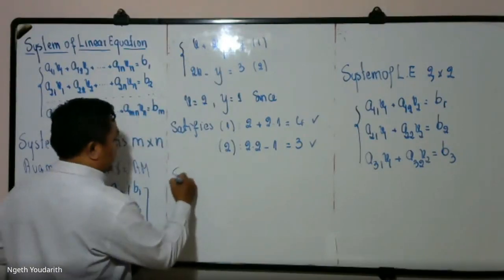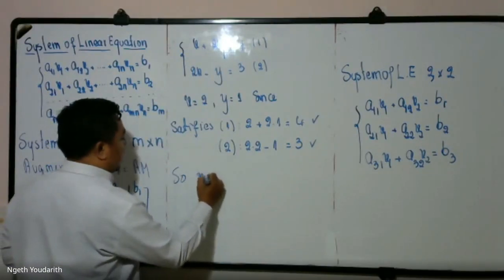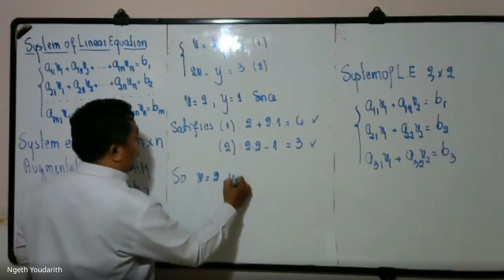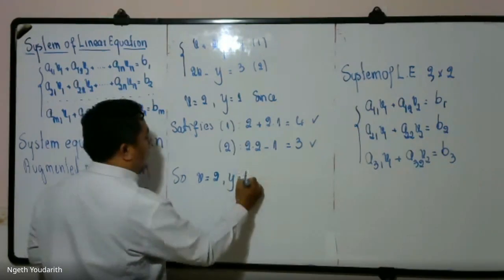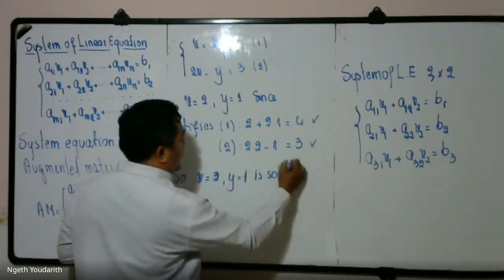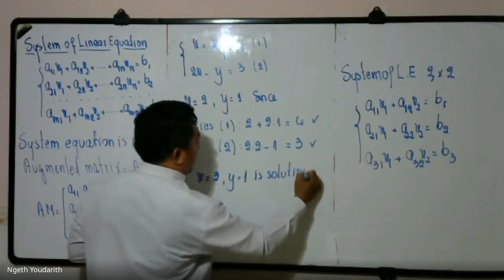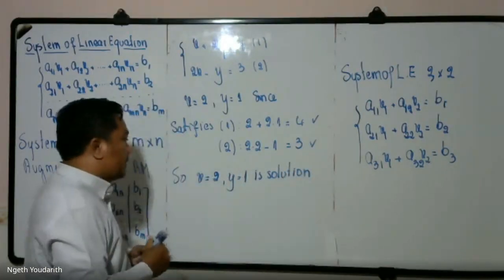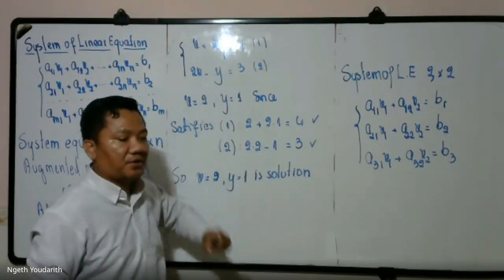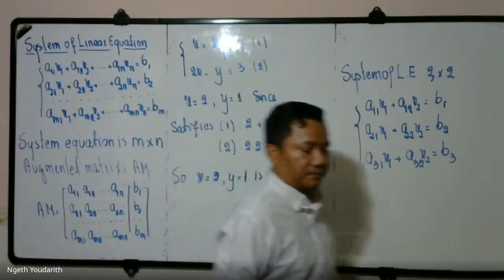So x equals 2, y equals 1 is the solution. If it is a solution, how can we call the system of linear equations? Consistent or inconsistent?